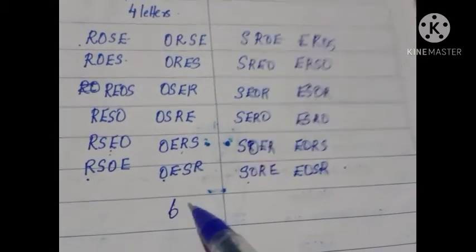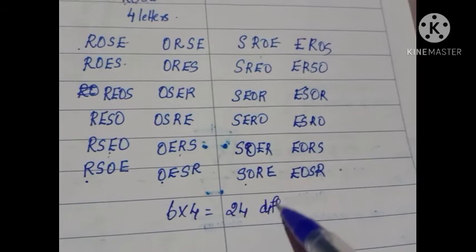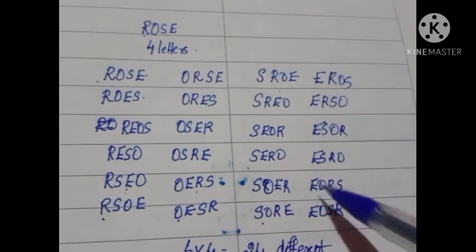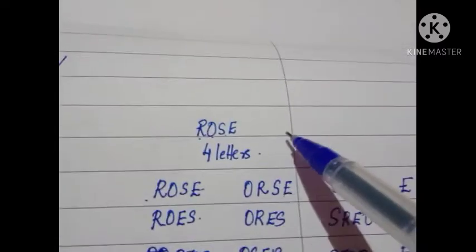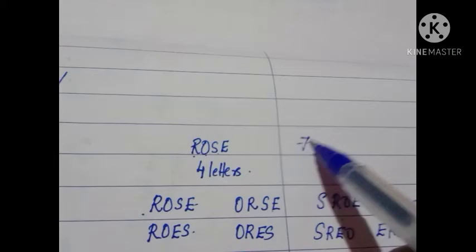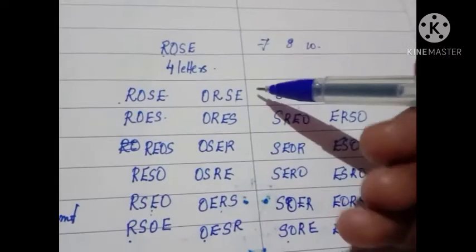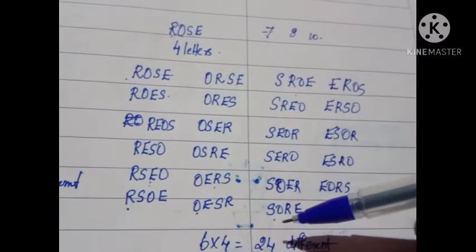That is 6 into 4, 24 different arrangements. You can see 24 different arrangements are possible here. Suppose there is a word carrying 7 letters or 8 letters or 10 letters. It is not possible to write all the permutations or arrangements one by one.